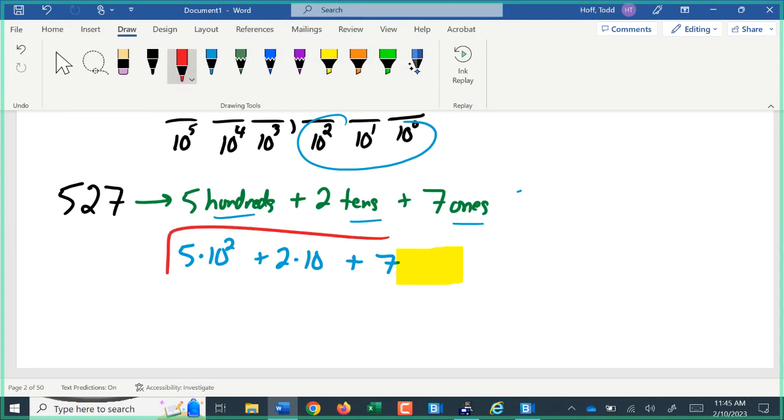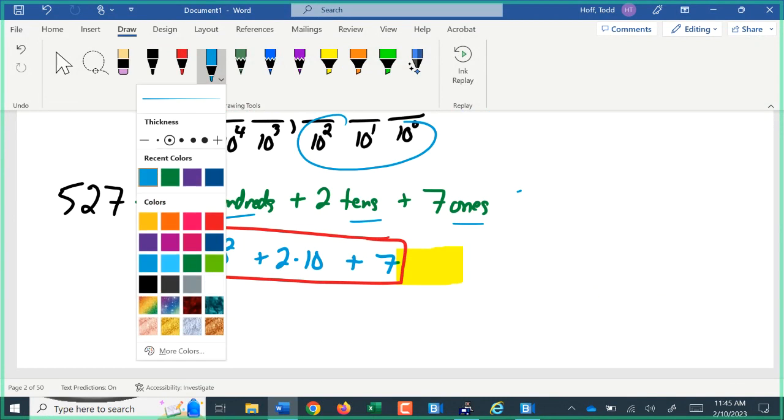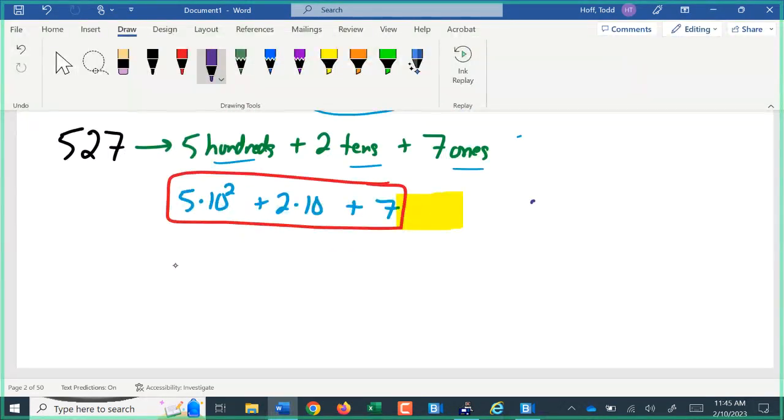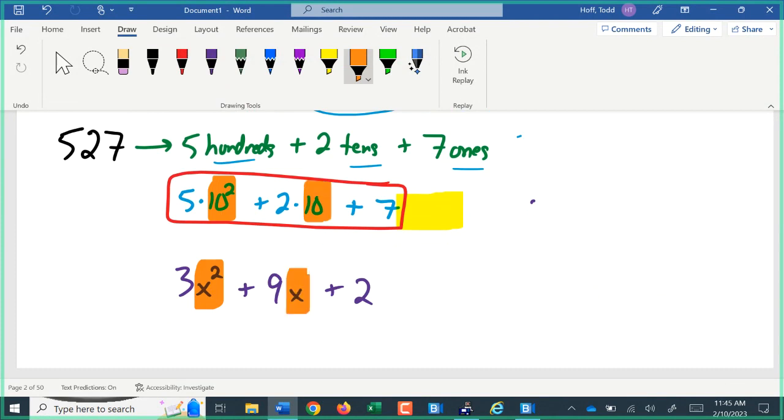Well, when I write this out in this form, it looks an awful lot like our basic polynomials, like 3x squared plus 9x plus 2. We can see that the place values now, instead of being powers of 10, are powers of x. Instead of 10 squared or hundreds, we have x squareds. Instead of tens, we have x's.